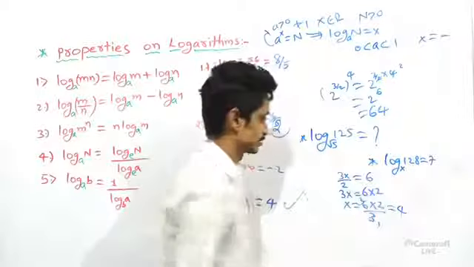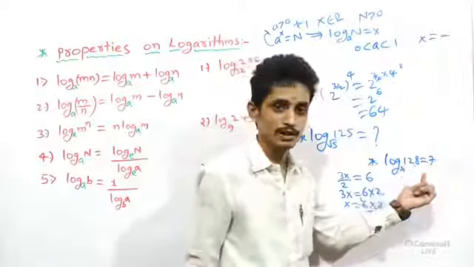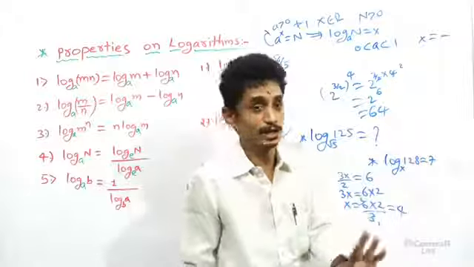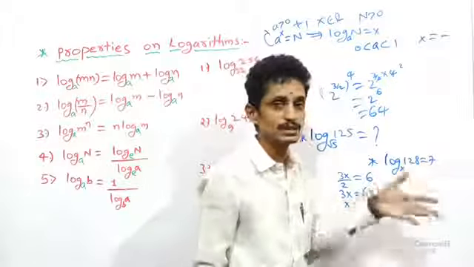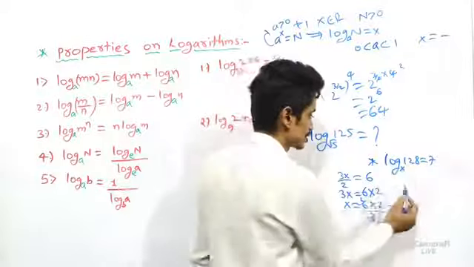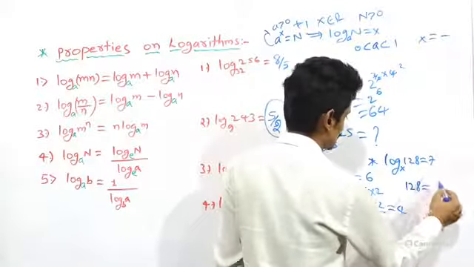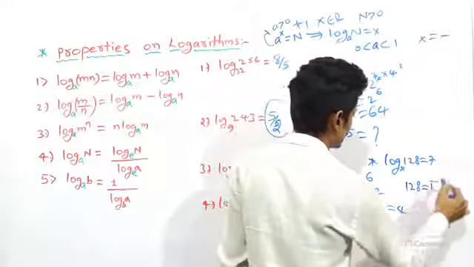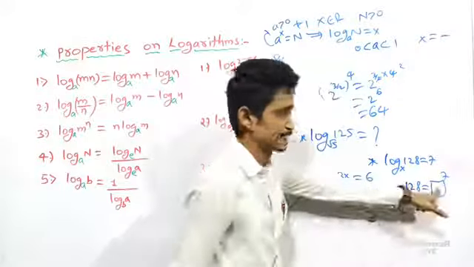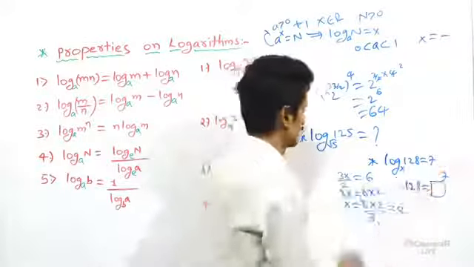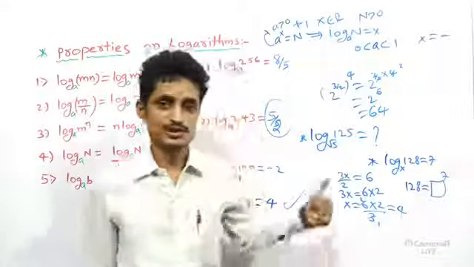Second homework question: log of 128, here the base only I made unknown. Power is there, number is there, but base is not there. How to do this question? 128 is nothing but box power 7. Fill in the blank in exponential form. This is your homework. Just try these two.